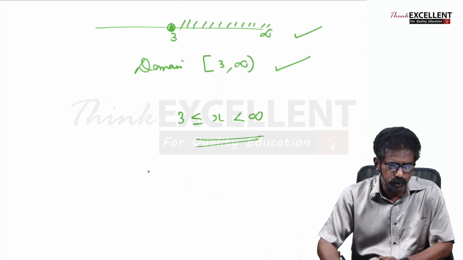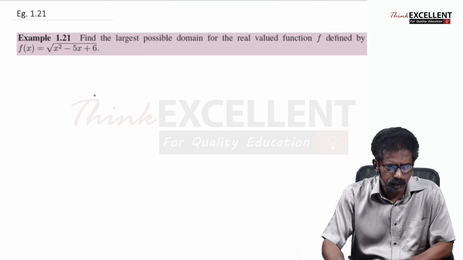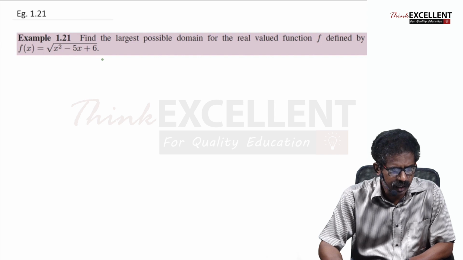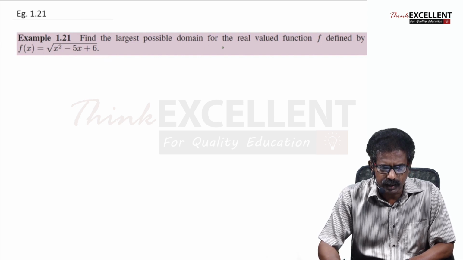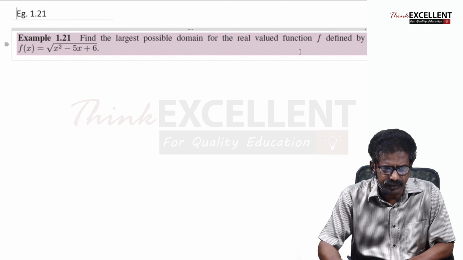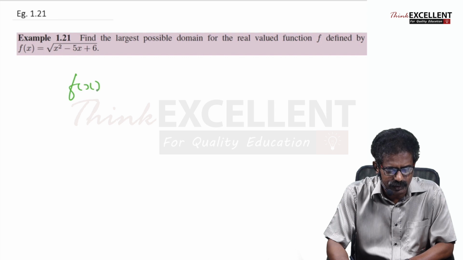So these two things keep in your mind. Now let us do more sums in domain. Look at this question. Find the largest possible domain for the real valued function f defined by, with root we have a sum, right? f of x equal to root of x square minus 5x plus 6.